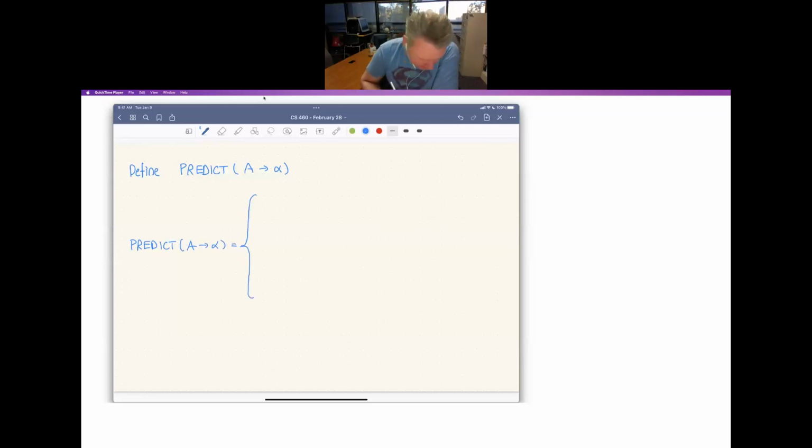One of two things can happen. Either epsilon is not in the first of alpha, or epsilon is in the first of alpha. Those are basically the two options that I have, right? What happens if epsilon is not in the first of alpha? Well, then I'm going to make this predict set just be first of alpha.